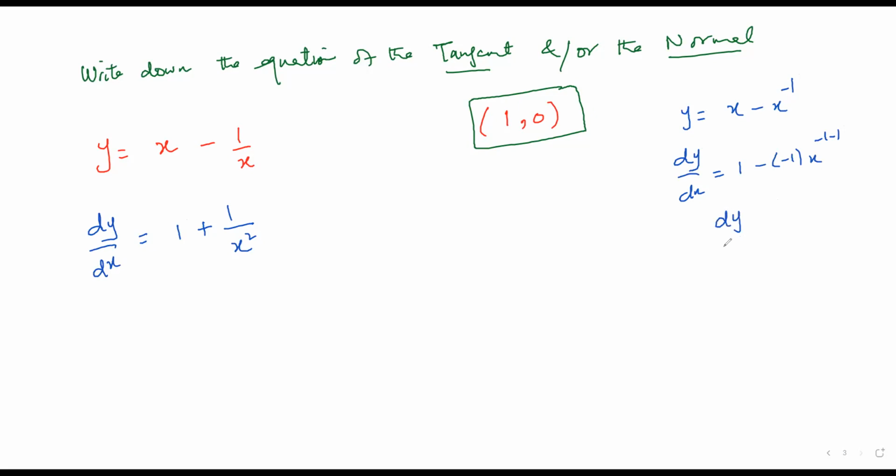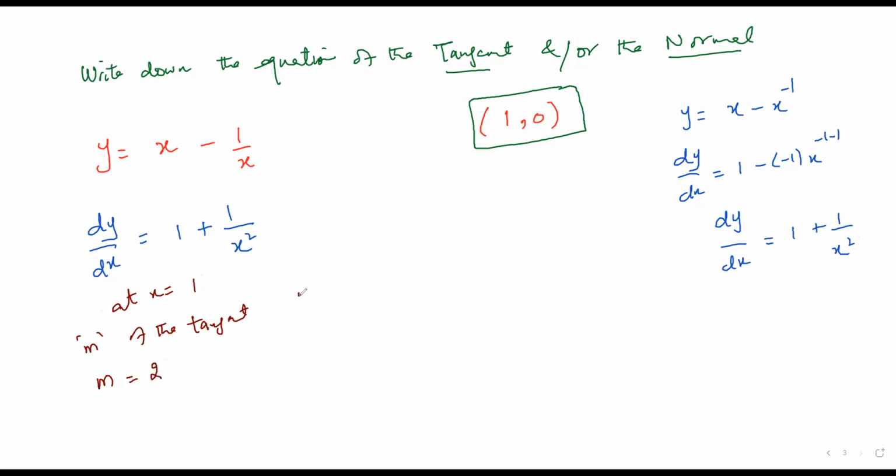So you really need to be very good at your differentiation if you want to write these equations efficiently. Okay, so this is your derivative here. Now you will be putting x1 here. You will say, okay, at x equal to 1, m of the tangent, you simply put x into the derivative, that will be the gradient of the tangent. Okay, so that is going to be 1 plus 1, so this is going to be 2.